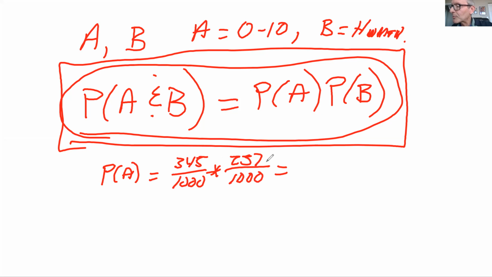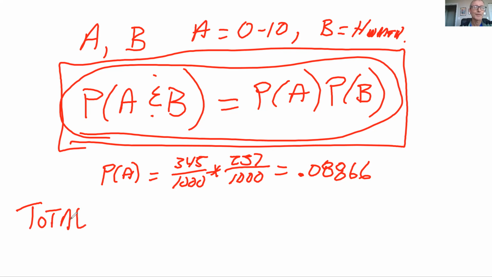So if you do that probability calculation, it would be 0.08866. And so this is the probability, right? A little over 8% that both of these occur if these are independent events. So 8% of our total population, well, what's our total population? Well, our total is 1,000, right?